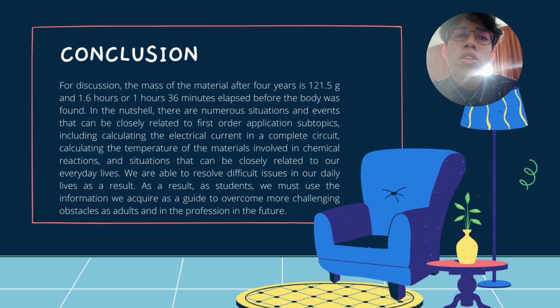We are able to resolve difficult issues in our daily life as a result. As students, we must use the information we acquire as a guide to overcome more challenging obstacles as adults, and in the profession in the future.